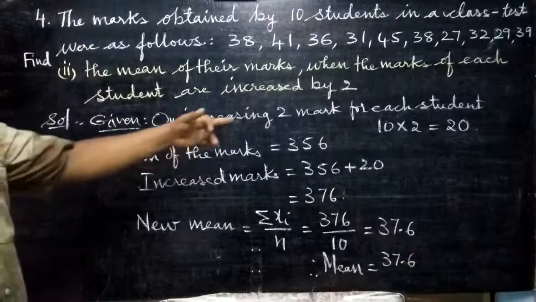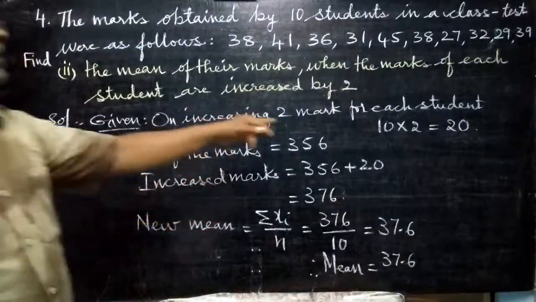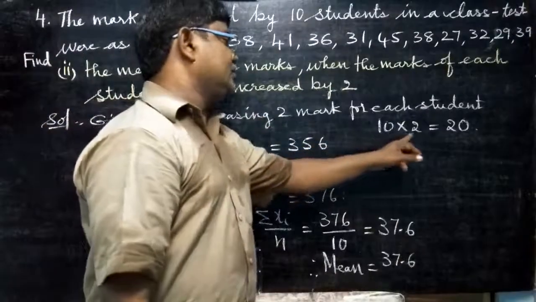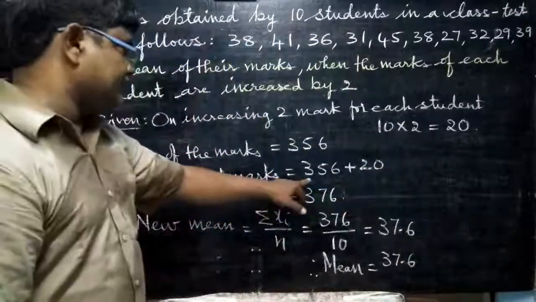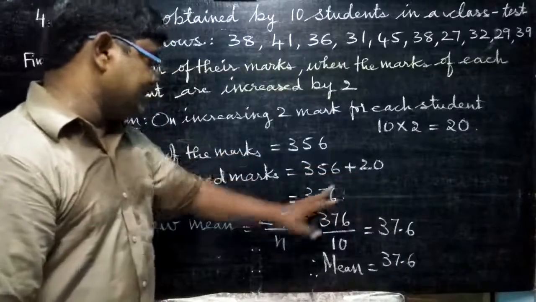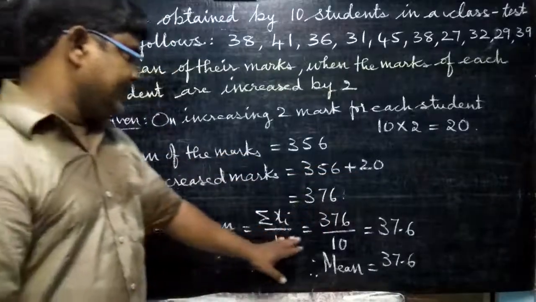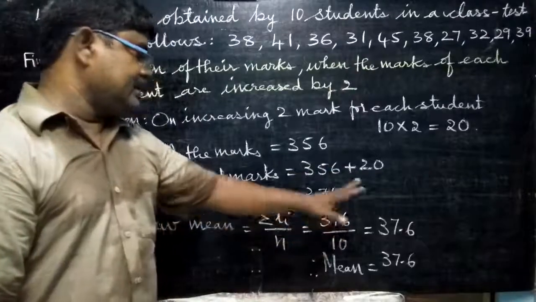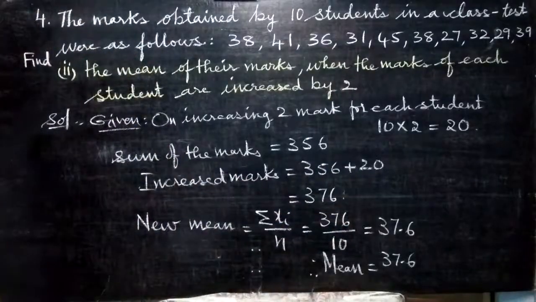Because 2 marks are increased for each student, we are multiplying 10 into 2, 20. So I added 20 to the previous total, I got 376. Now new mean I am finding 376 by 10, 37.6.